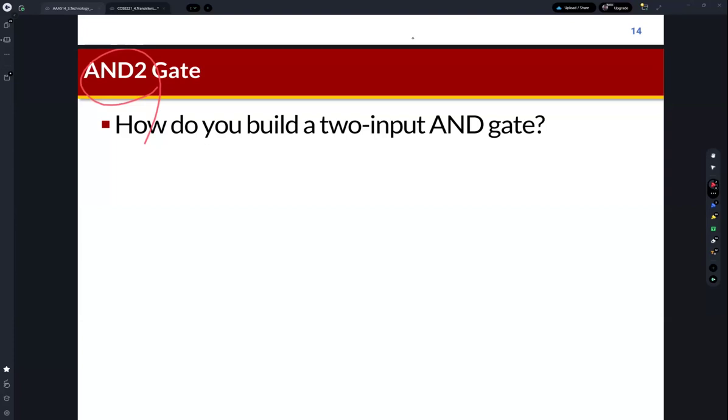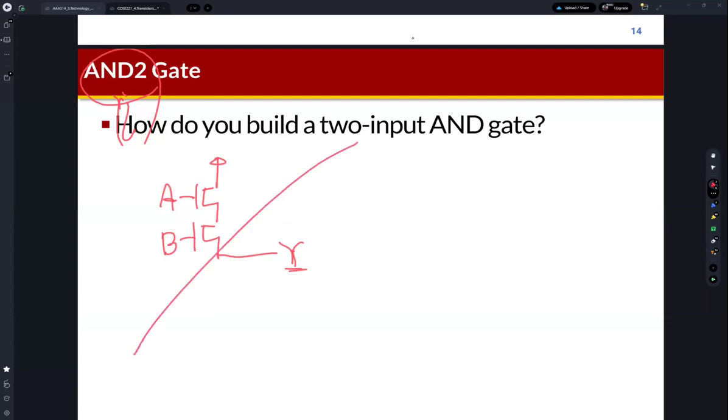Actually, in order to implement the AND2 gate, we could make the circuit like this, but this is not good. If we just understand the behavior of the MOS transistors in a digital manner, then this can be possible. But in the real world, this is not possible.